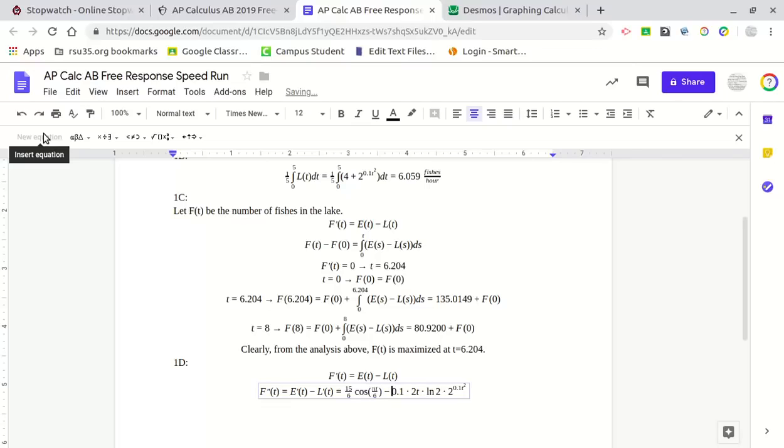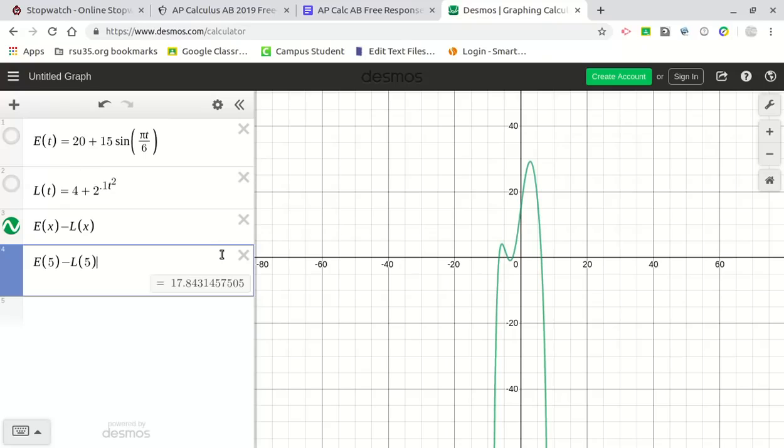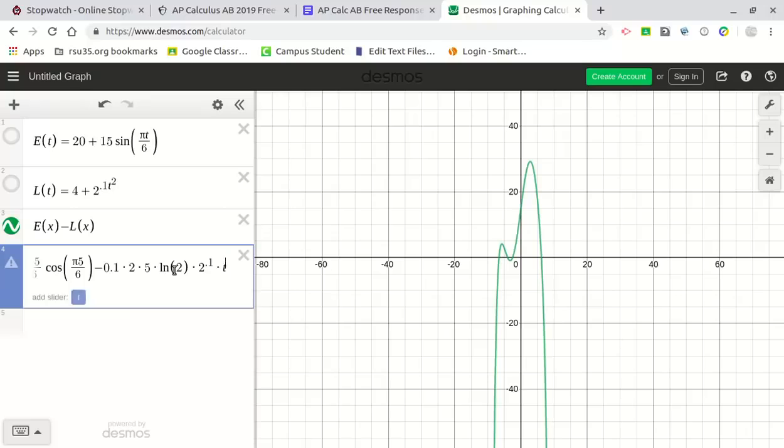Then I just need to find that for 5. So f prime prime of 5 equals 15/6 cosine of pi times 5 over 6 minus 0.1 times 2 times 5 times ln of 2 times 2 to the 0.1 times 5 squared.